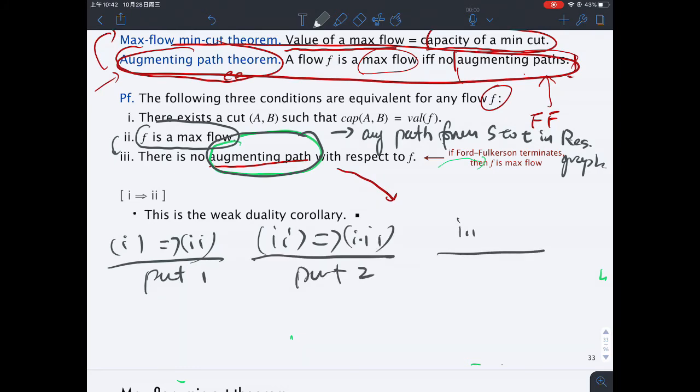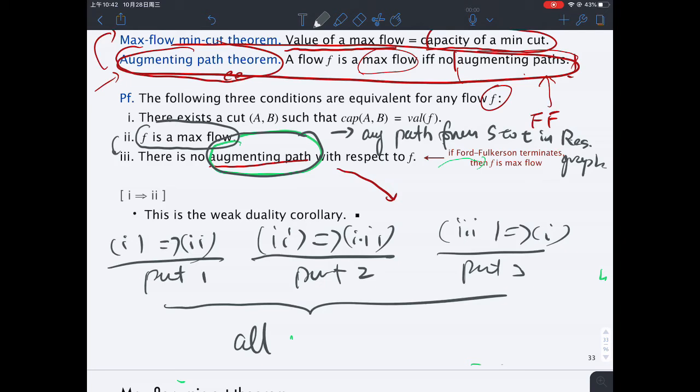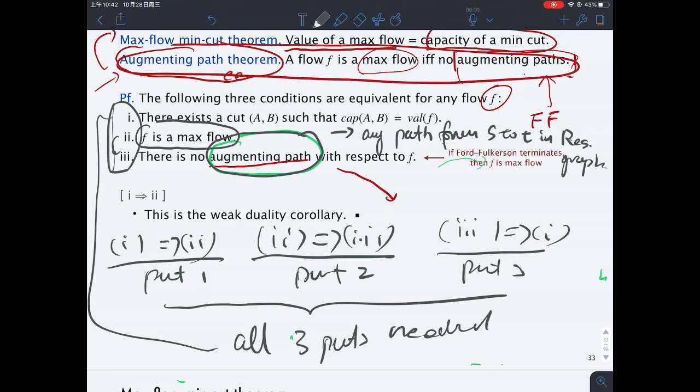And then we want to prove that 3 implies 1. All these 3 parts are needed in order to prove that all three statements are equivalent. So when we say we want to prove they are equivalent, this is one possible execution plan to prove the equivalence, right?